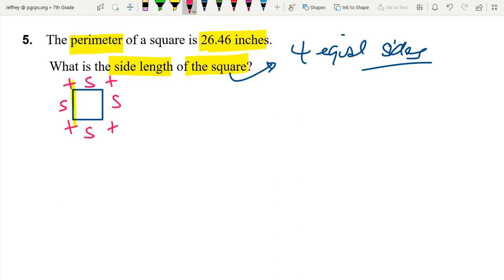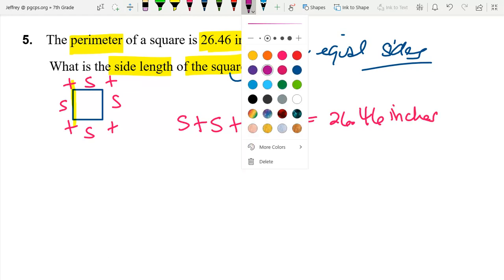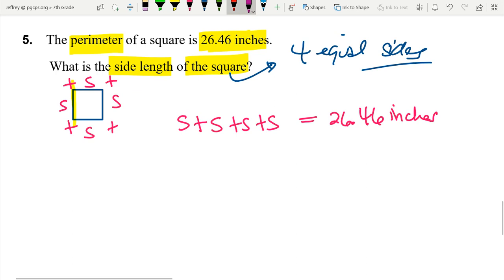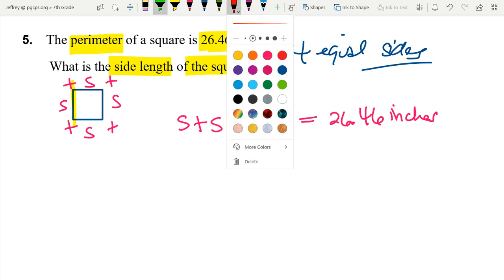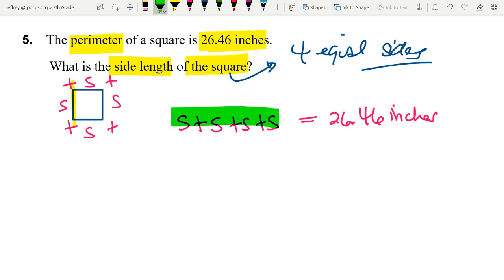This is the perimeter of the square, because perimeter means we add all sides. So side 1 plus side 2 plus all 4 sides added together will give you 26.46 inches. And it's asking what is the side length of the square. If I were to simplify, what's S plus S plus S plus S? How many S's do we have?